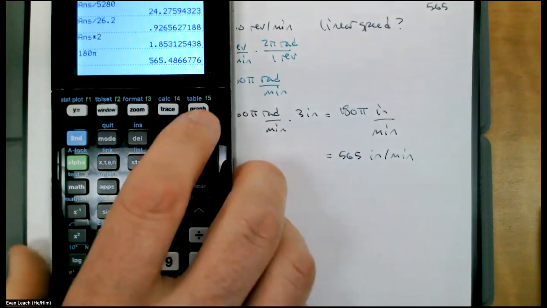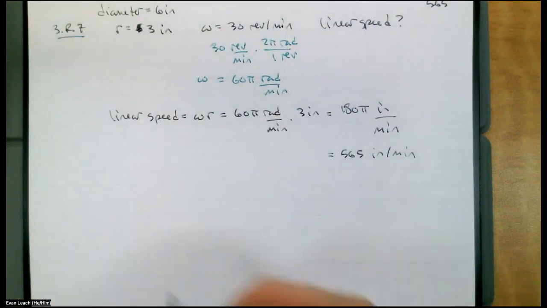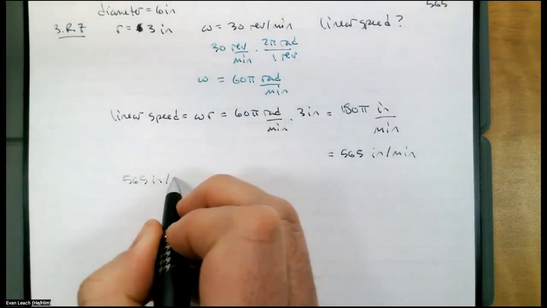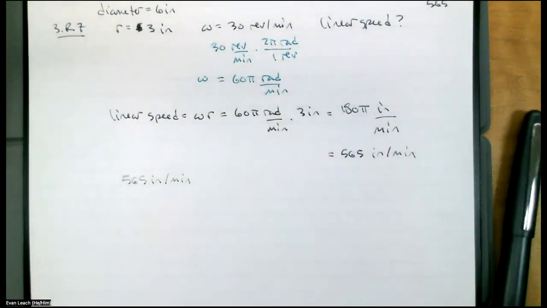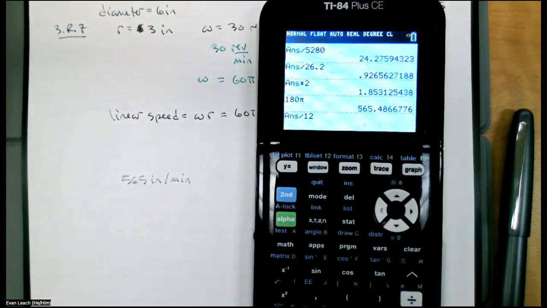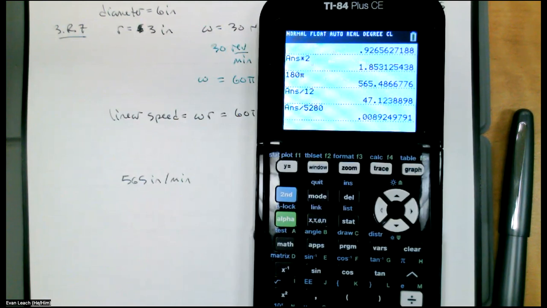But that's a good question. So if it's 565 inches per minute, if we divide this by 12, that'll give us 47.12 feet per minute. And if I divide that by 5,280, that'll give us 0.008924 miles per minute.